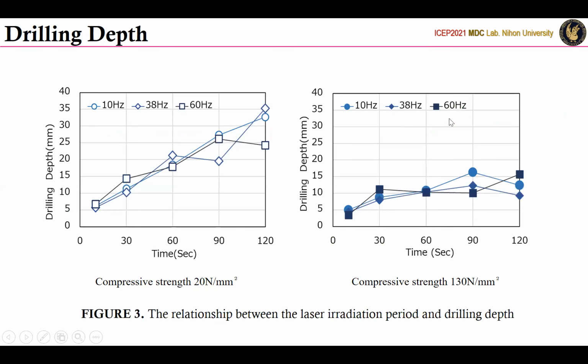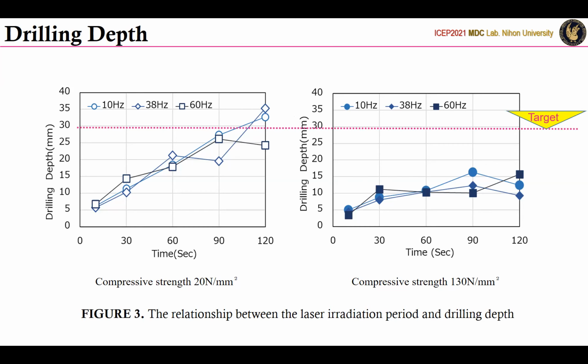Next graph, I will explain the drilling depths. Left side is 20 Newton and the right side is 130 Newton graph. At 20 Newton, the longer the irradiation time, the deeper the perforation depth is proportionally. In this test, the target value of over 30 millimeters was achieved under two conditions, like this.